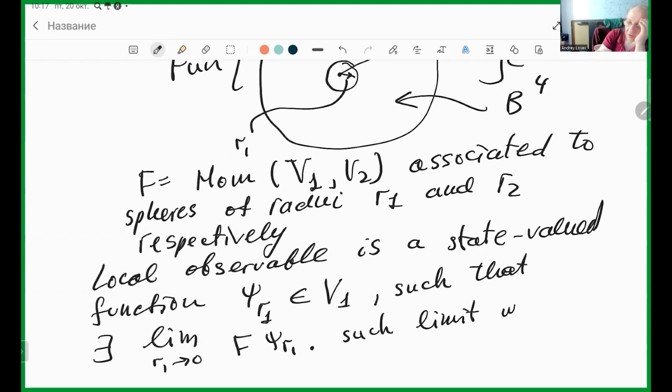Such a limit would depend on a state valued function.